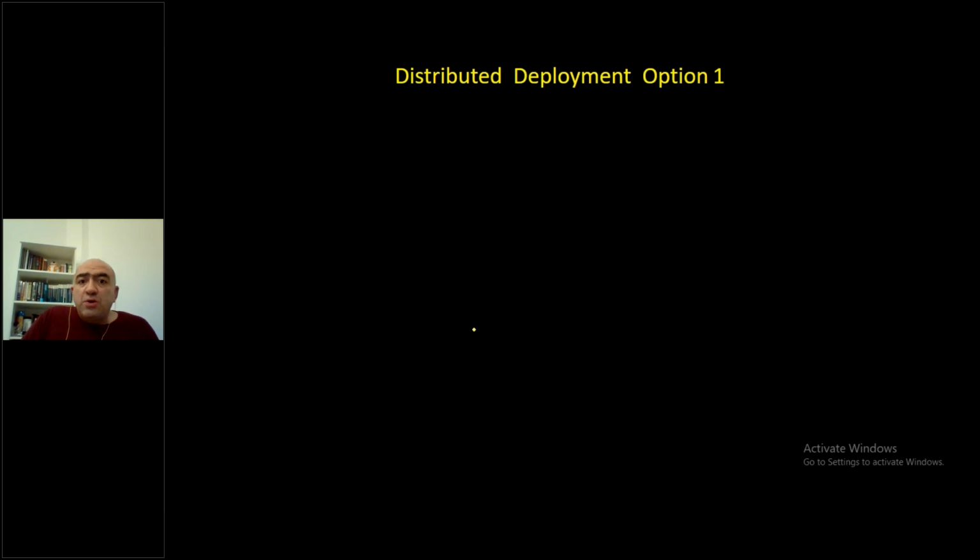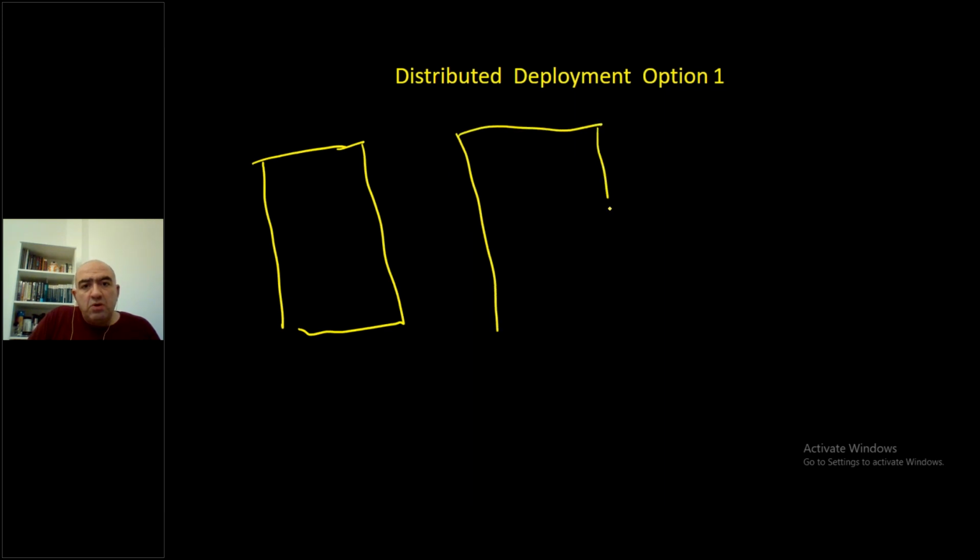So the best thing is going to distributed deployment, and in distributed deployment, I can have different options. The first option, I will have two ISE nodes. One has the administration persona, the monitoring, and the PSN.